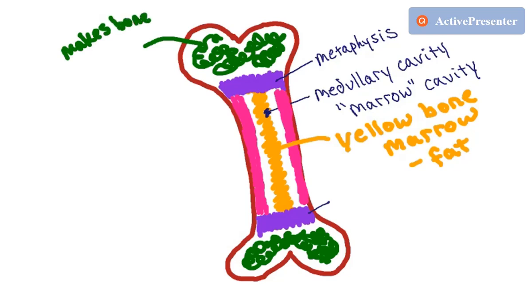But it also does something else very important, because the spongy bone that's in the epiphysis, the ends of the bones, this is where your red bone marrow is kept.